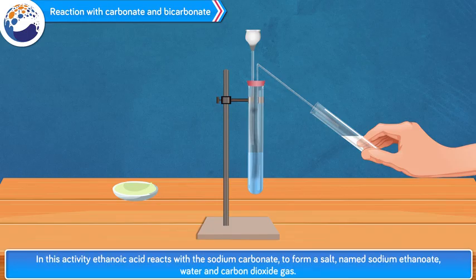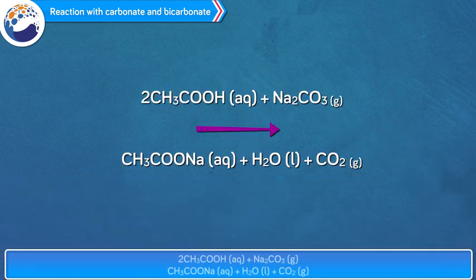In this activity, ethanoic acid reacts with the sodium carbonate to form a salt named sodium ethanoate, water and carbon dioxide gas. 2CH3COOH (aq) + Na2CO3 (s) → 2CH3COONa (aq) + H2O (l) + CO2 (g).